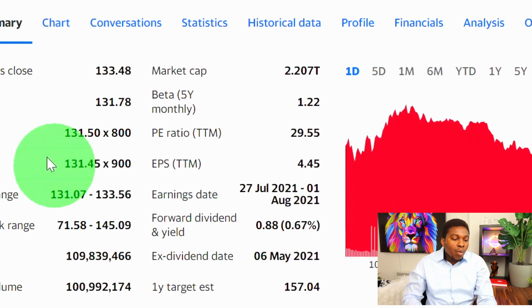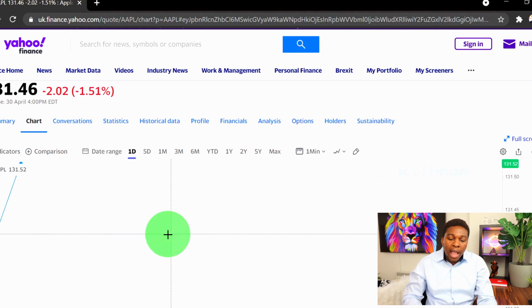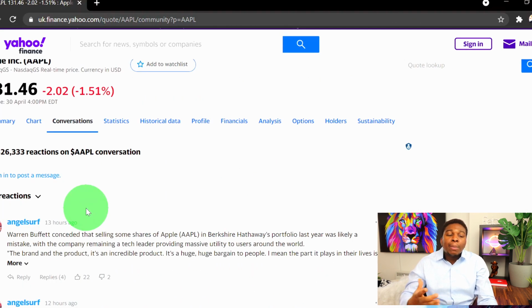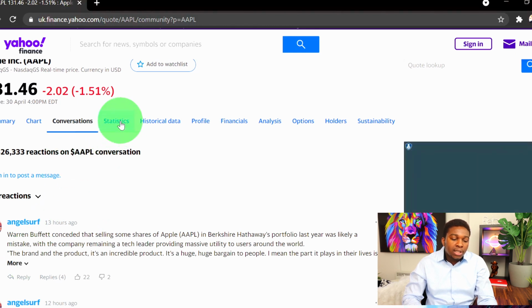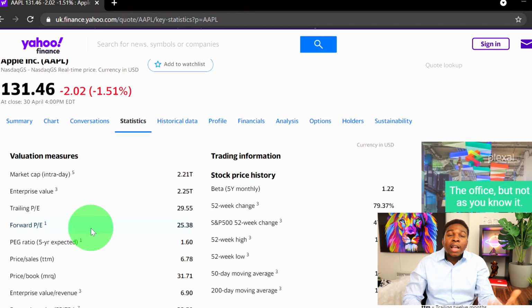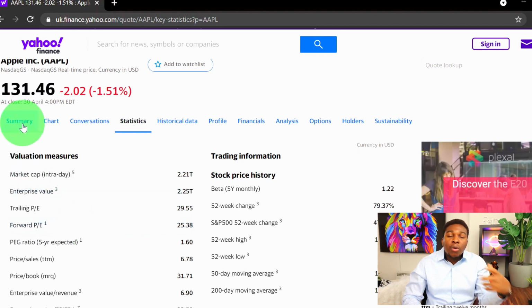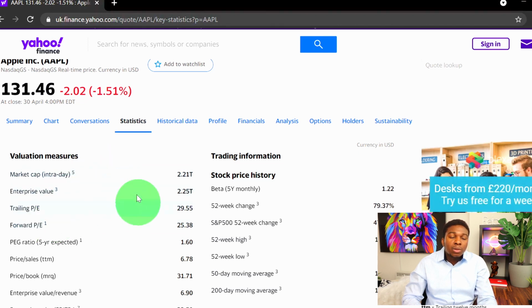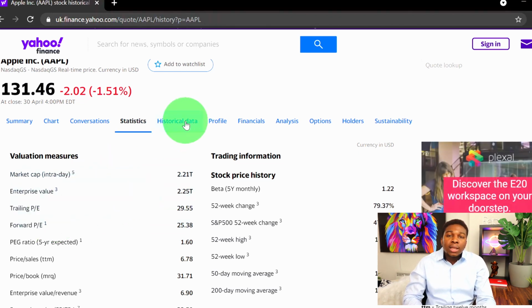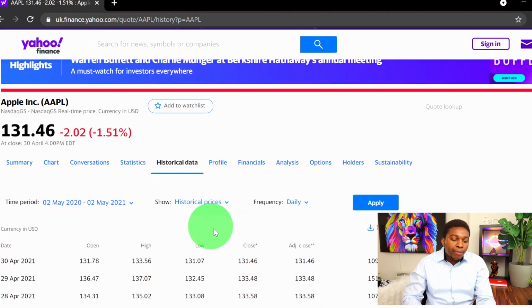Just to conclude this slide, we also have other things you can check out for, which is the chart, for you to see the chart that I explained to you before. Conversation, what people are talking about Apple shares, you can see it here. The statistics, I've explained some of these terms here. If you want to get more of them, remember what we discussed is the summary page. So if you want to know all of them, you come here to get full details on Apple share. We also have historical data, how Apple shares has performed in the past.